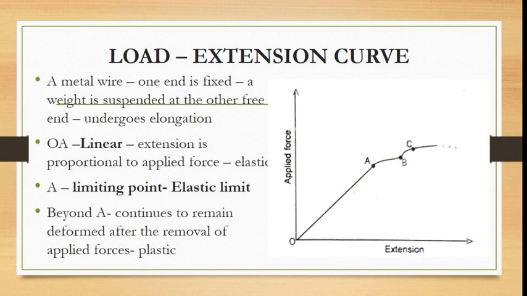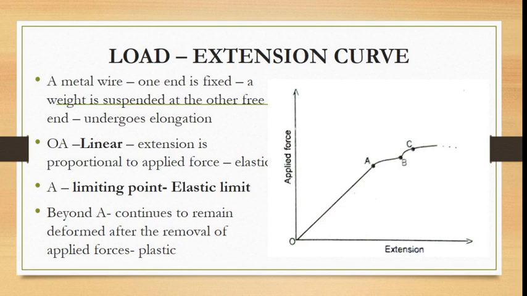Now A is the point called a limiting point, or we can say that it is known as the elastic limit. So what is meant by the elastic limit of a material? You know that up to A, the extension is proportional to the applied force.